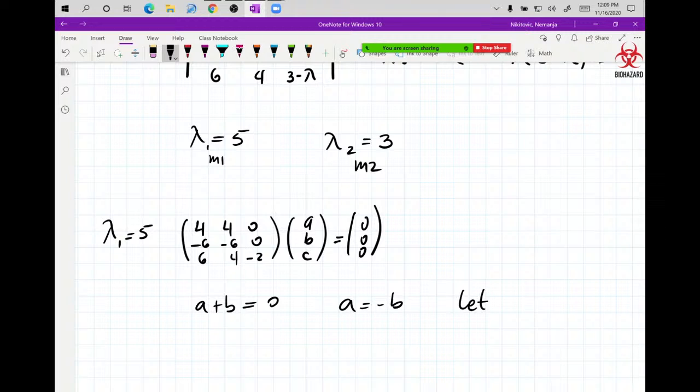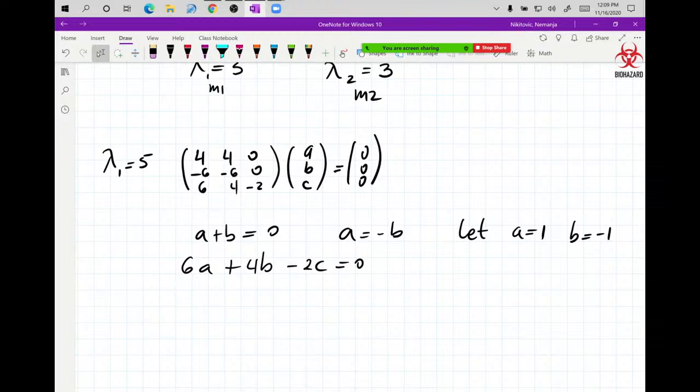Let a be 1, in which case b will be negative 1. Then the last equation, 6a plus 4b minus 2c equals 0, lets you calculate c. 6 minus 4 is equal to 2c, so c will be 1, and you get 1, negative 1, 1 as eigenvector v1. This is one of the possible eigenvectors. If you come up with 2, negative 2, 2, that's also okay. Any multiple of this vector will do.